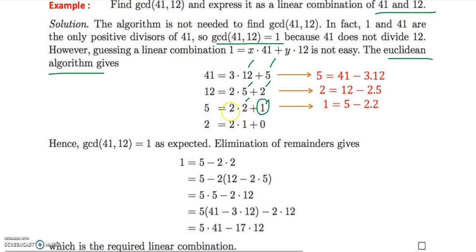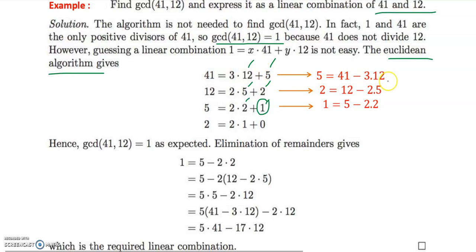I am going to work from the right side to the left side. From the earlier steps, the remainder 2 is equal to 12 minus 2 into 5, and similarly the remainder 5 is equal to 41 minus 3 into 12.